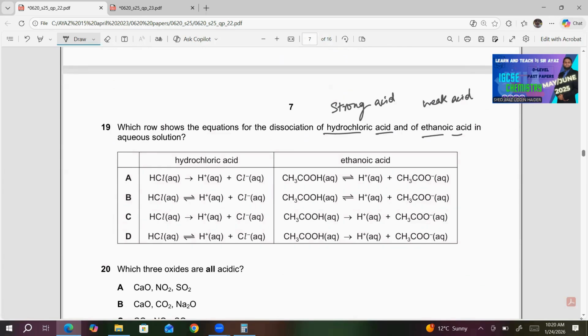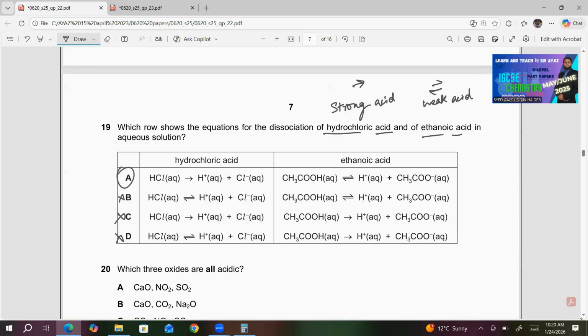So remember, for the strong acid, you must have only a one-direction arrow. You won't have a reversible sign. But in case of weak acid, during dissociation, we need to show this reversible sign. So B, D are incorrect, and C also incorrect. Only A will be left. This must be the right answer.